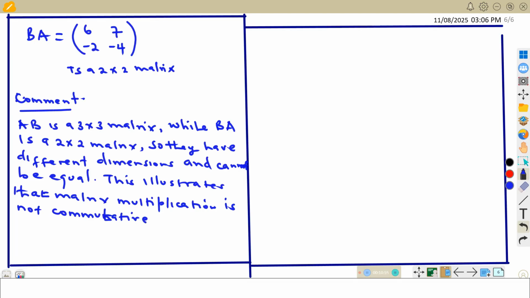What we are saying is that AB is not equal to BA in general, and this is true even when both products are actually defined.